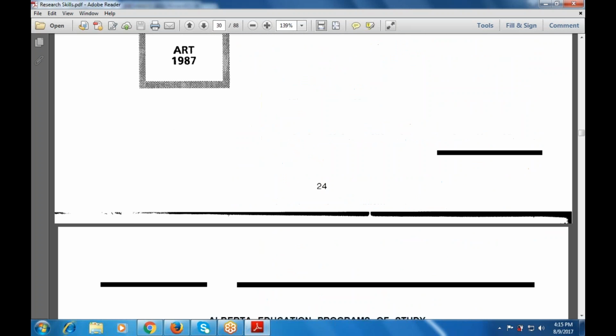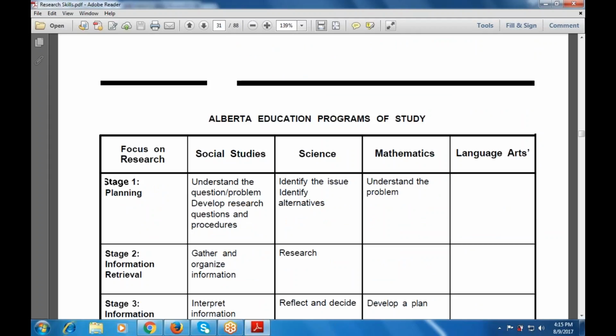Next part is the Alberta Education Programs of Study. 5 parts: focus, social studies, science, mathematics, language arts. Stage 1 is the planning. Social studies says understand the question, public problem, develop the research questions and the procedures, whatever the language that they use now.